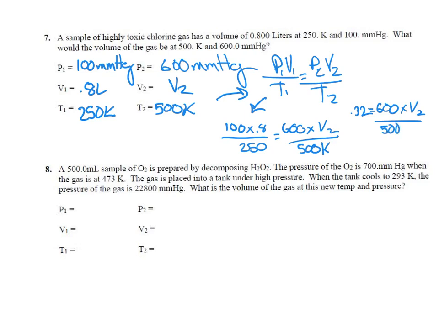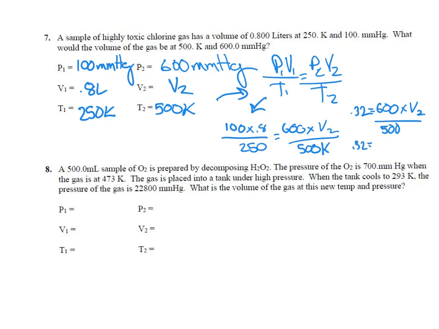Well, 600 over 500 is just a number as well. So if we do that, 600 divided by 500 is just 1.2. So I can keep simplifying this.